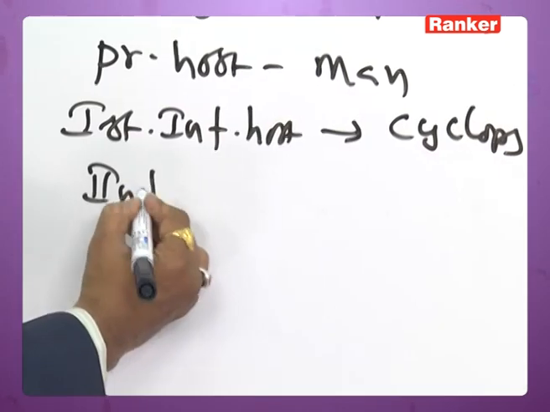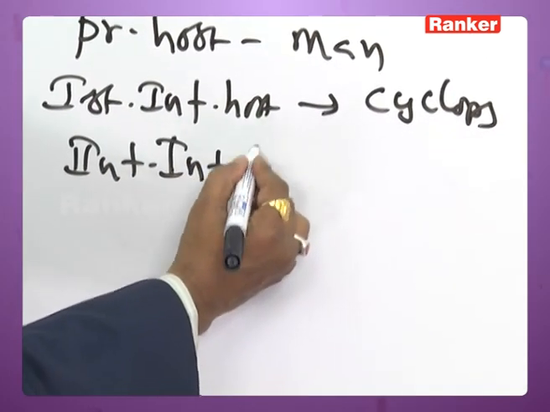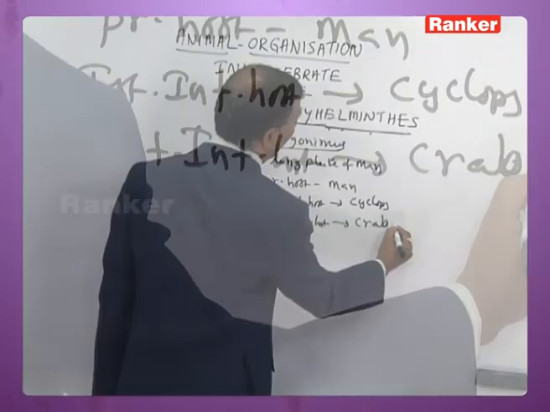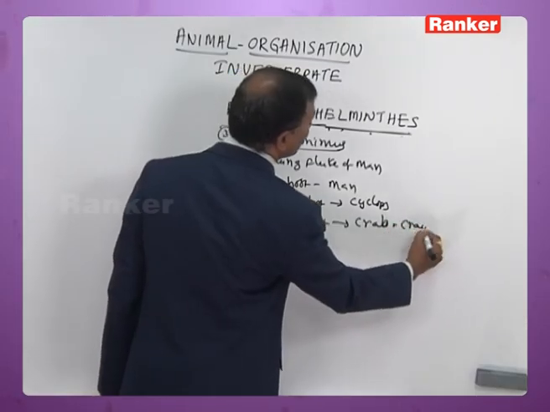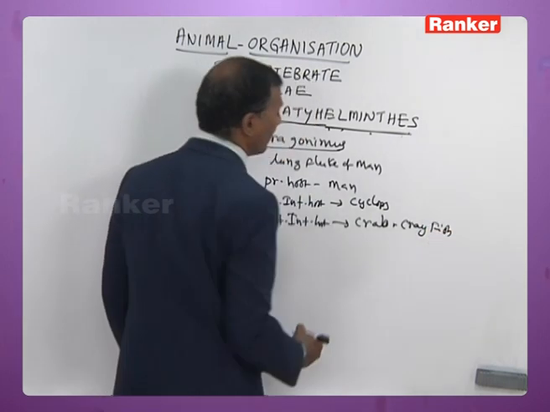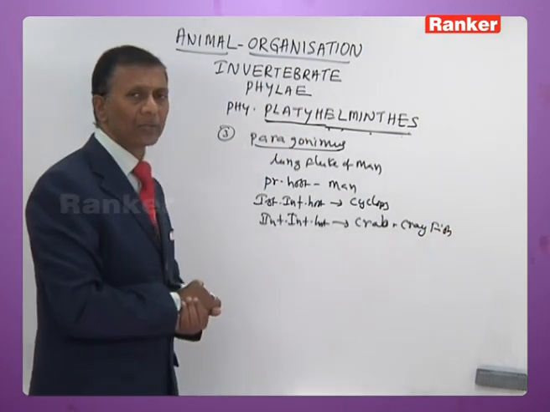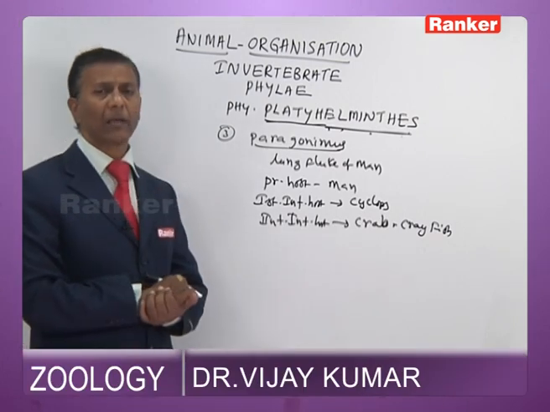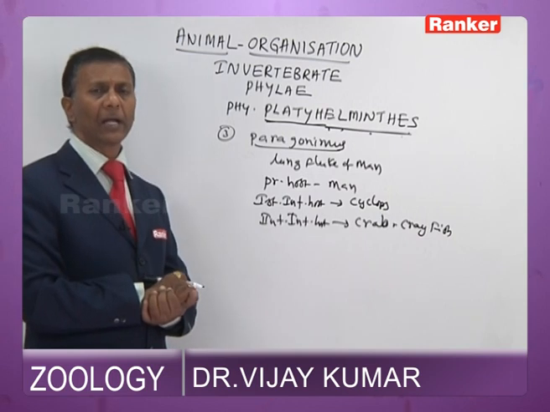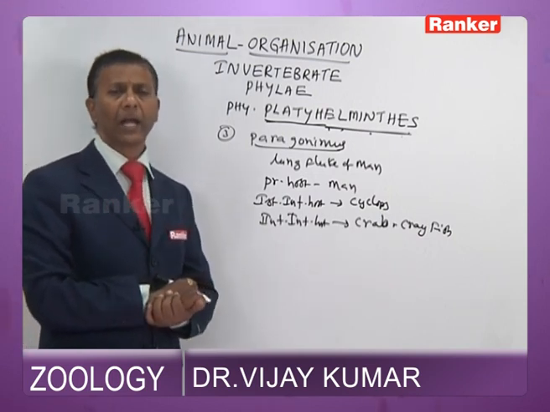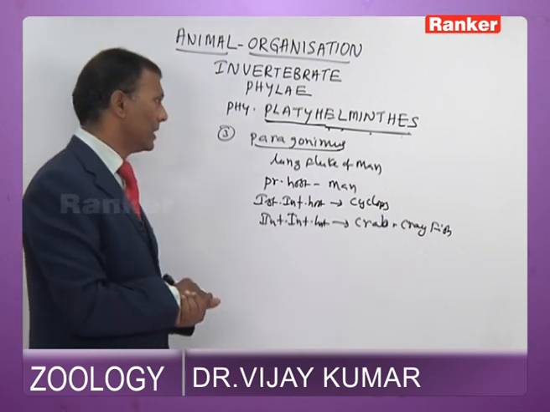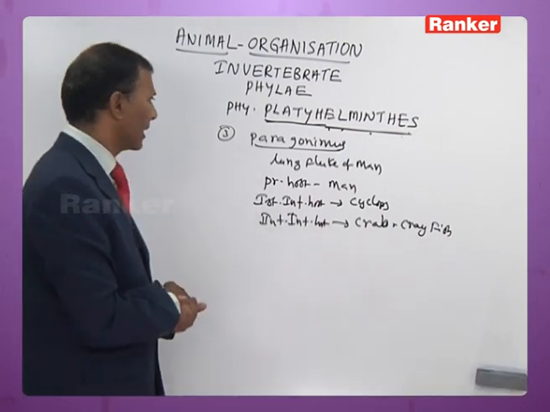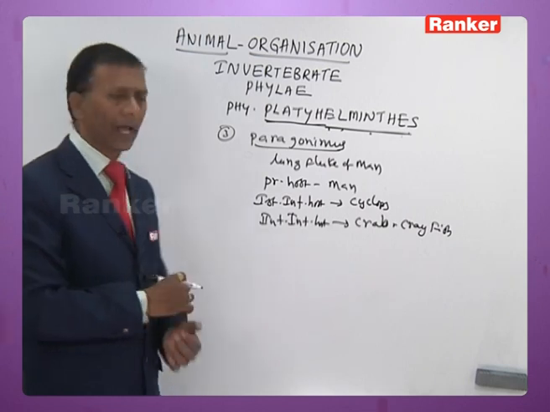Second intermediate host is crab or crayfish. So people get infected by consumption of contaminated crab or crayfish. It is also a digenetic parasite with three hosts, commonly called the lung fluke of man.